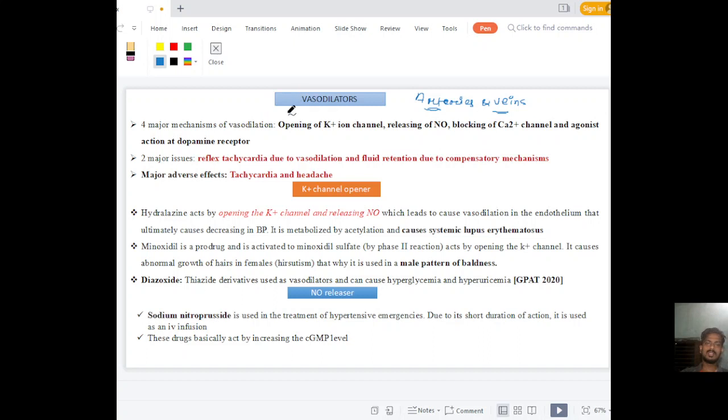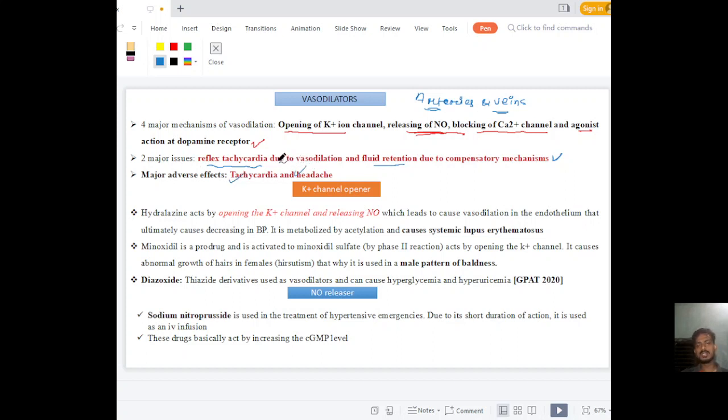These drugs act by four major mechanisms: opening of the potassium channel, releasing of NO, meaning nitric oxide, blocking of calcium channels, and agonistic action at dopaminergic receptors. What will be their major side effects? The major side effects associated with this class of drugs are reflex tachycardia and fluid retention. The major adverse effects are tachycardia and headache.